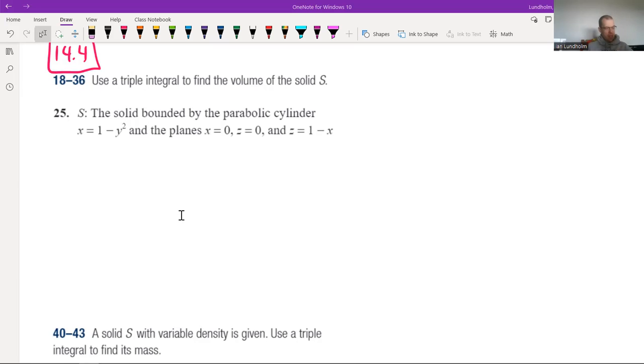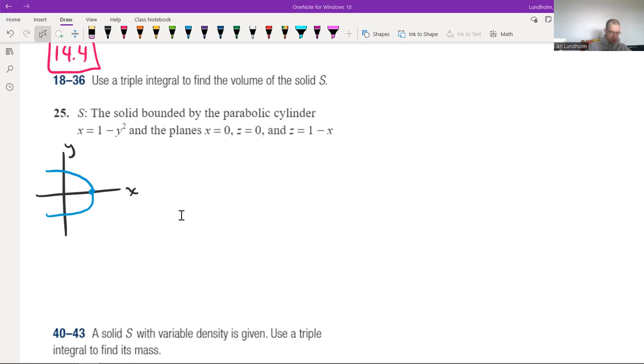So the first equation we have is x is equal to 1 minus y squared. Let's go ahead and draw an xy plane. Since x is equal to 1 minus y squared, we would be intersecting the x-axis at x equals 1 when y equals 0, and this parabola will open to the left because we're subtracting y squared off.